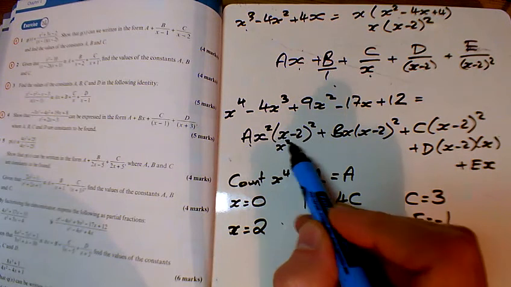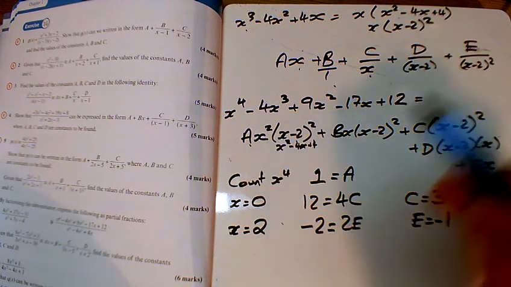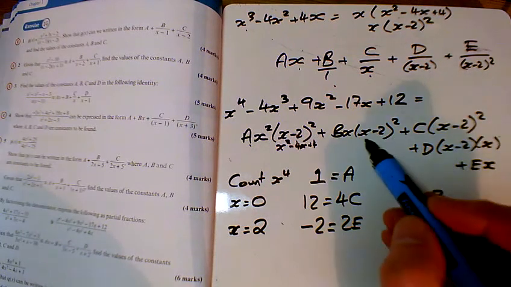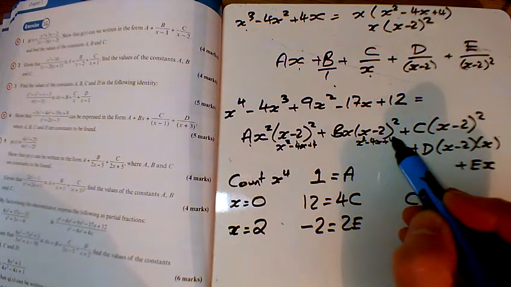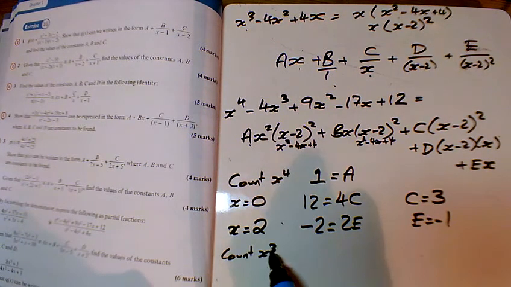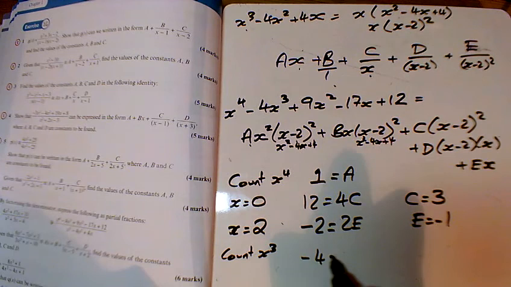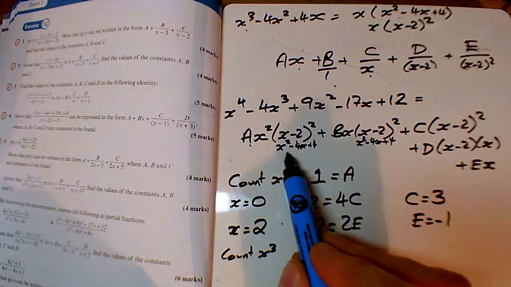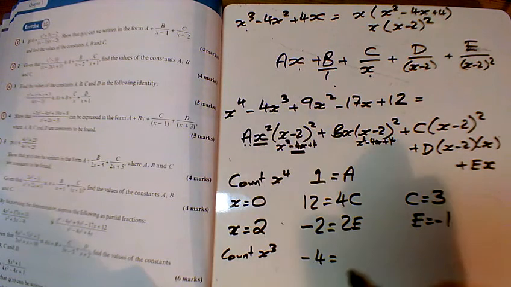So look, this gives me an x squared minus 4x plus 4. We know that from earlier. So x squared minus 4x plus 4 there. And let's try and count up the x cubes here. So the x cubes I get here, there are minus 4 of them. And the x cubes I get here are from that times by a.